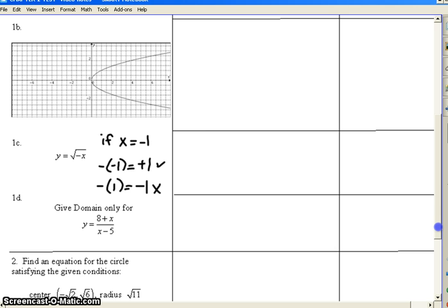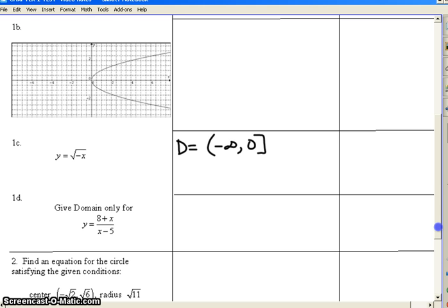So what's going to happen here is on the number line, every number that is greater than 0 is going to provide a negative answer under the radical. So the only numbers we can choose are from 0 to -infinity. Okay, so the domain is going to be from -infinity up to 0.